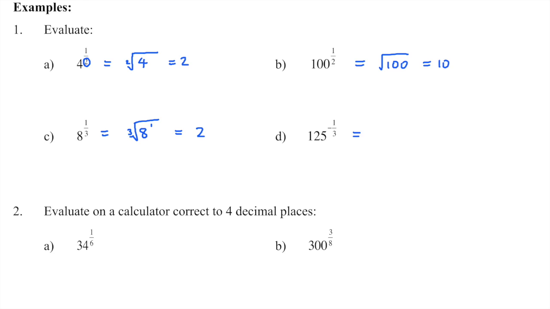But there's a minus there, so it's 1 over the cube root of 125. You may remember what to do when the powers are negative from exercise 8A. So, cube root of 125 is 5, because 5 times 5 times 5 is 125.